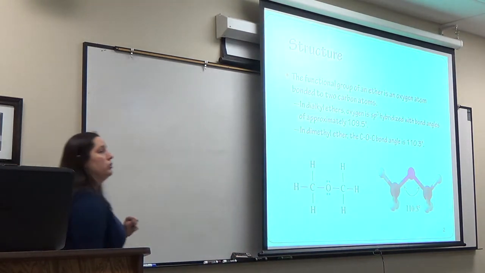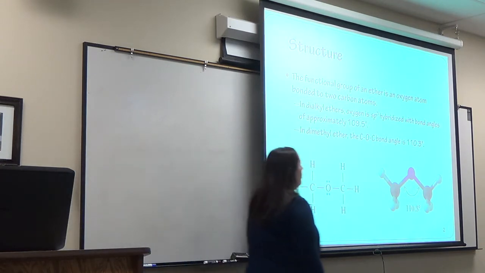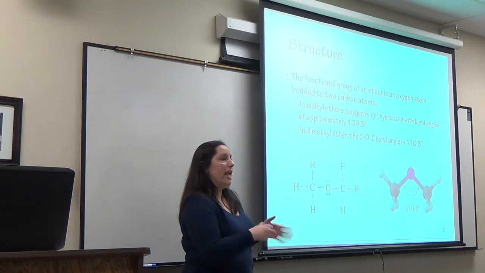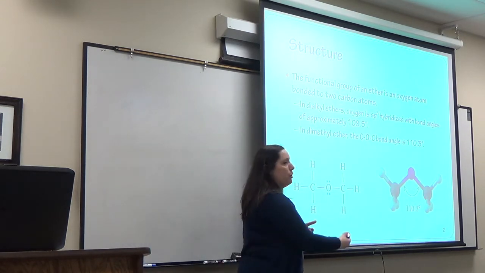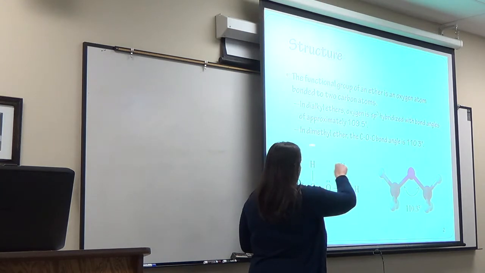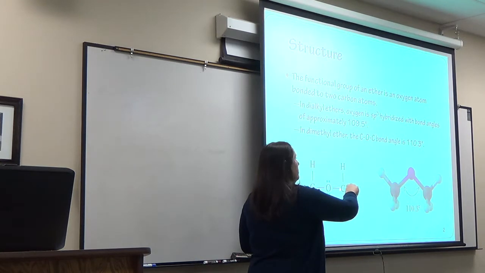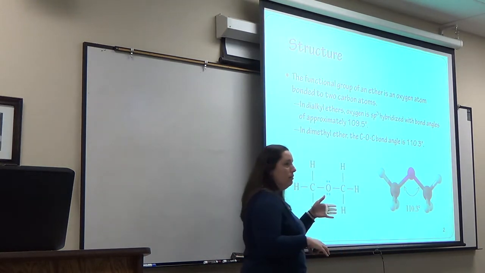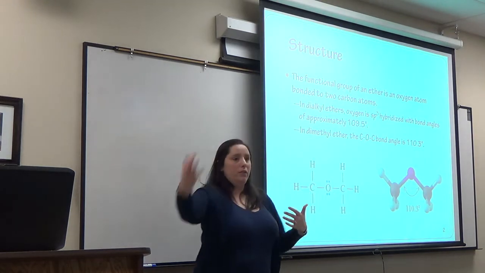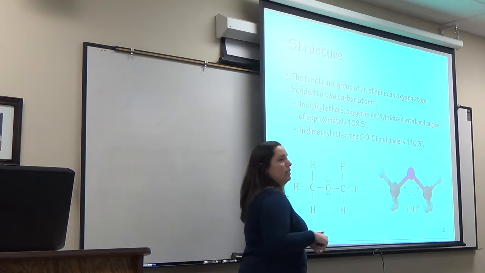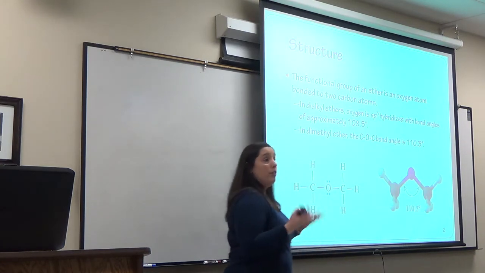All right, so what's an ether? An ether has an oxygen just like alcohols, but the H has been replaced by another carbon chain. So this would be just like the alcohol, a carbon chain with an oxygen, but the H has been replaced by another carbon chain. Basically it's R, O in the middle, and then another R. They can be the same, like this example here, or they could be different.